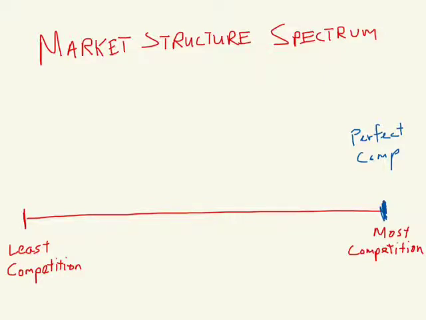Pretty competitive, but not quite the most, is that market structure we will call monopolistic competition. And this is a little bit like an oxymoron, like jumbo shrimp, monopolistic competition.